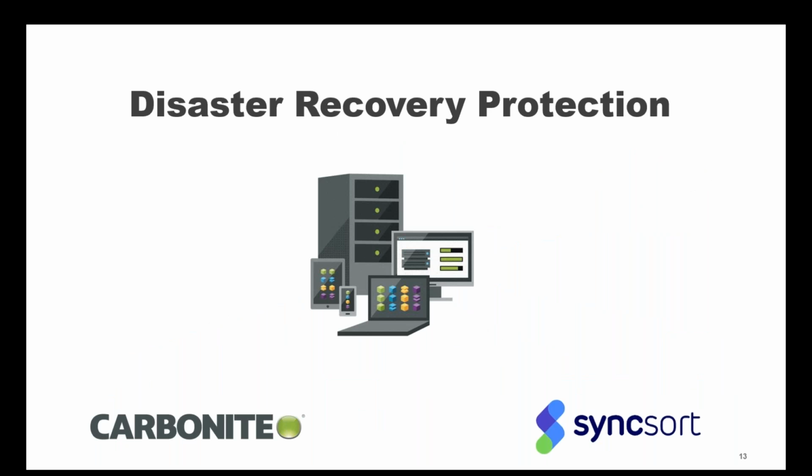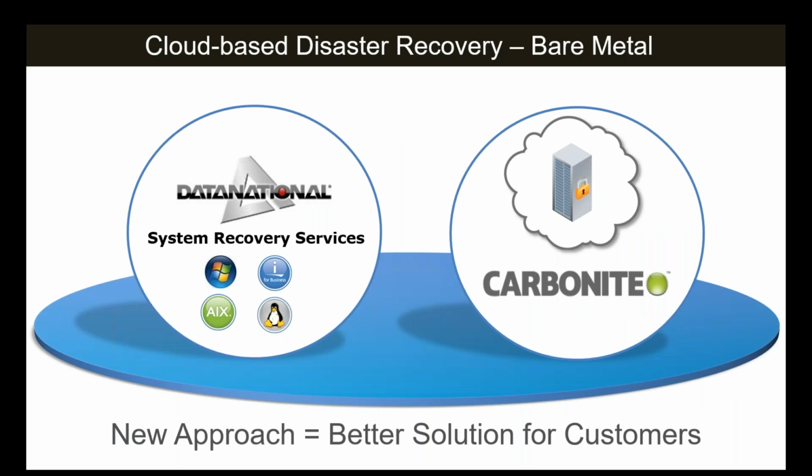So, disaster recovery. What we've done is taken the Carbonite backup and coupled that with our system recovery services offering. System recovery services is Data National providing the resources for you to get your environment up and going in the event of an outage. So let's say you were an iSeries client backing up to our cloud.